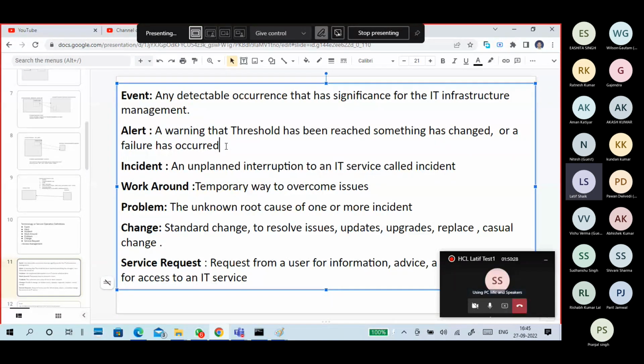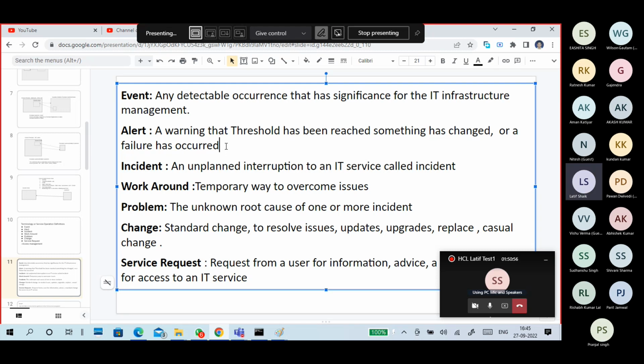What is happening is events; the notification is alerts. So update available, update downloaded, installed, updated: these are events only. But the notification system is alerting.